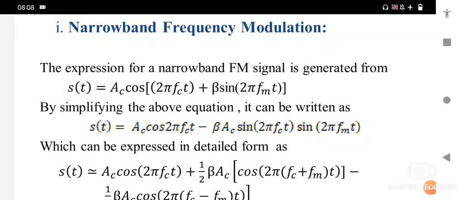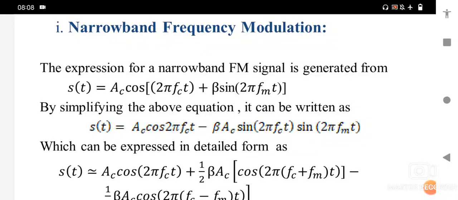So S of t is equal to AC into, the cos function is multiplied in each value, so that is AC into cos 2 pi fct cos of beta sin 2 pi fmt minus sin 2 pi fct sin of beta sin 2 pi fmt.